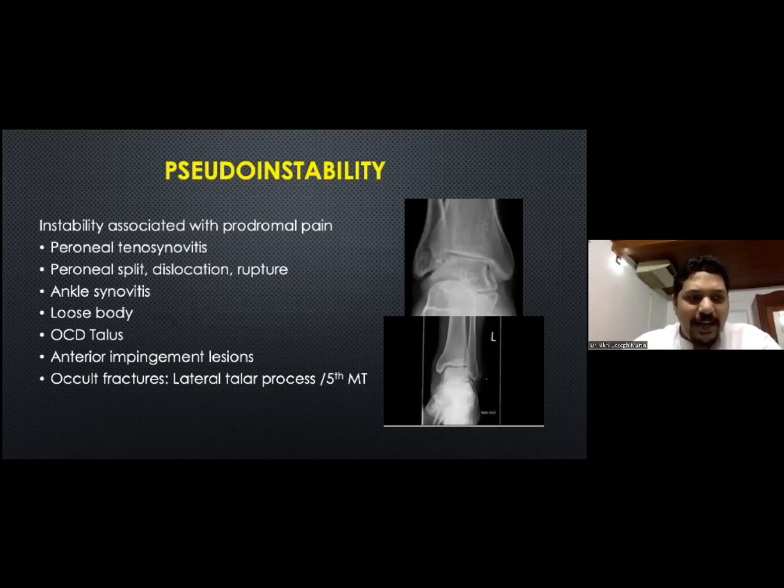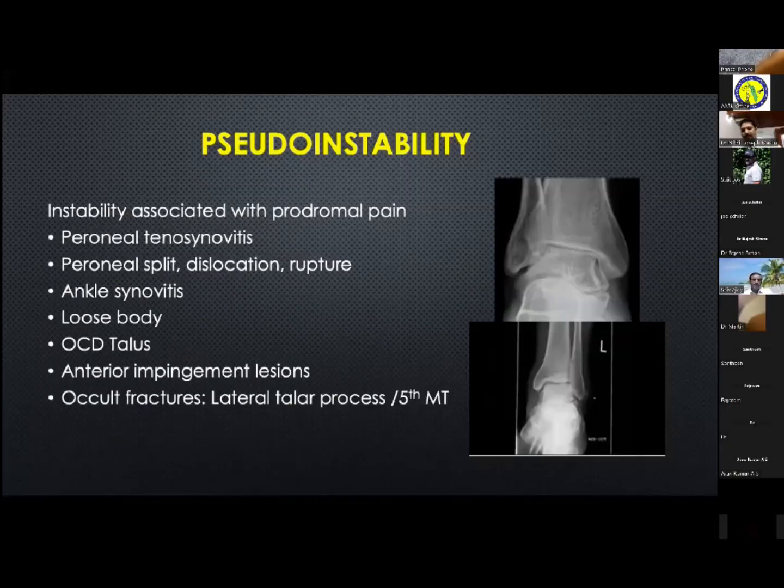It is due to underlying pathologies in the hindfoot which precipitate the instability. The commonest are peroneal tendon pathologies or ankle synovitis, probably due to secondary rheumatoid arthritis. Others are loose bodies, OCDs of the talus, anterior impingement lesions, or occult fractures, especially of the lateral talar process or fifth metatarsal base.